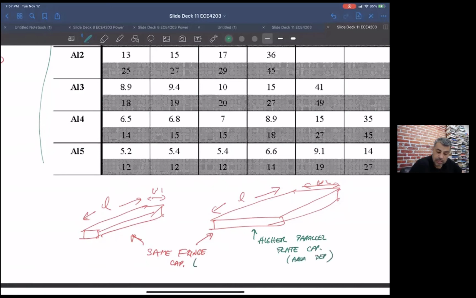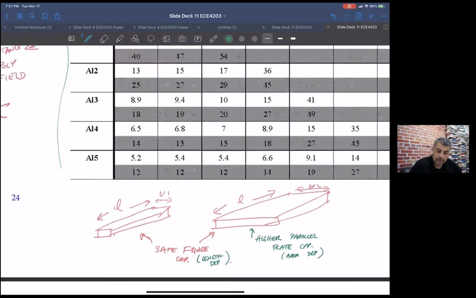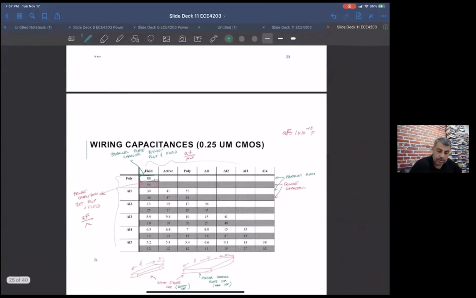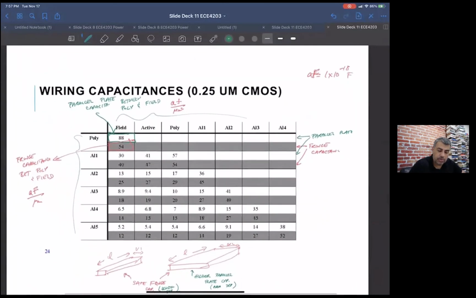This is just length dependent. Any questions about that?